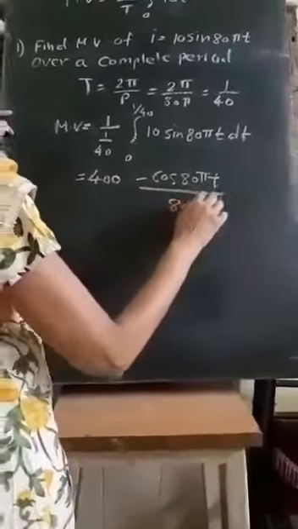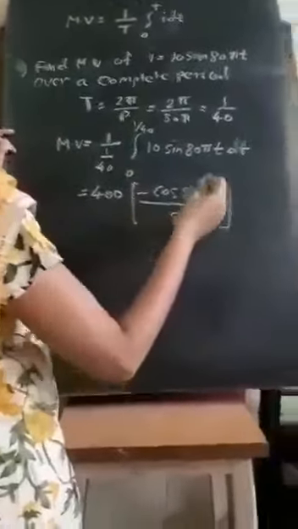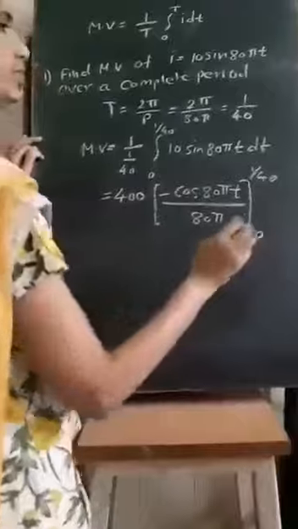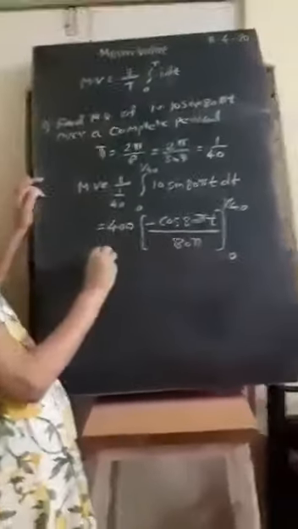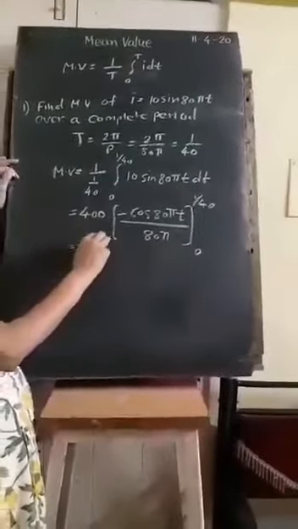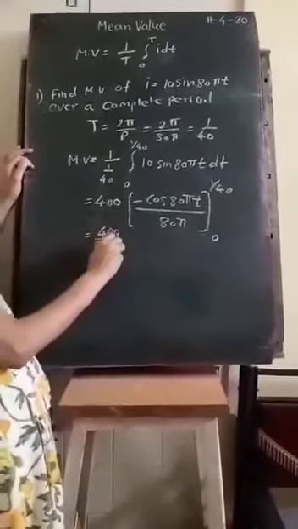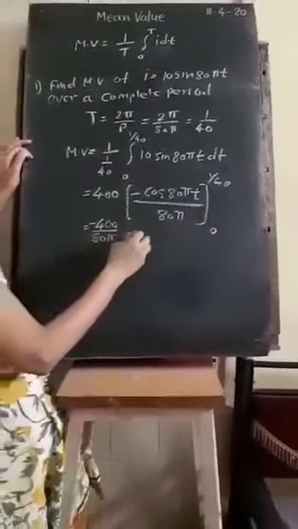So that is upon 80 pi, and the limits are 1 upon 40 and 0. Now this 80 pi is constant, that will come out. It will be 400 upon 80 pi. Minus sign also, if you want, you can take outside.